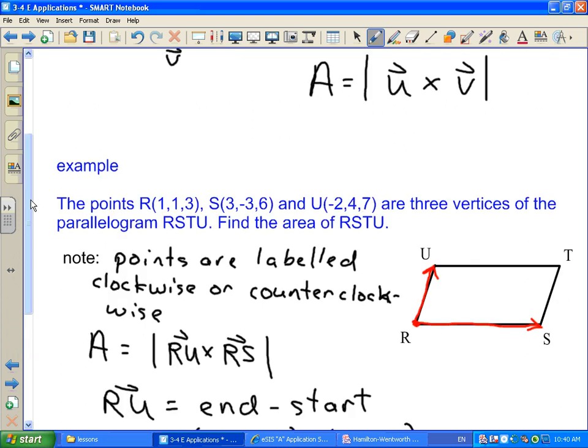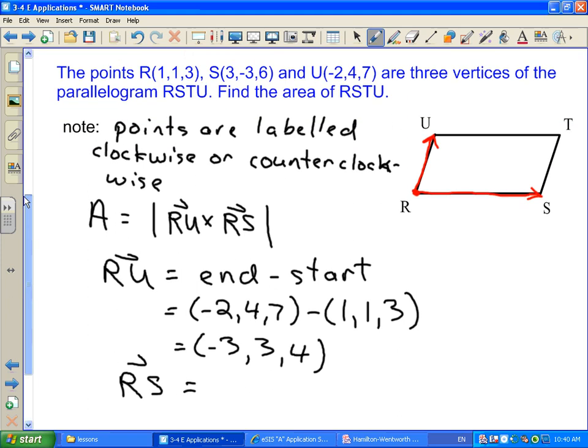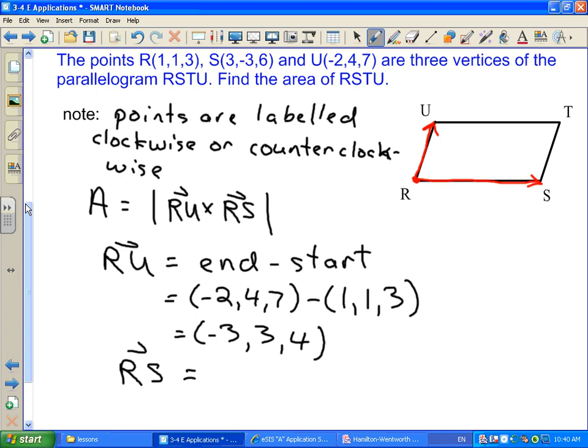And we want to do the same thing to find vector RS. Again, we're going to do our ending point minus our starting point. So our ending point here is S. So we want to do 3, -3, 6, and we're going to subtract our starting point, which was R, which is 1, 1, 3 again.